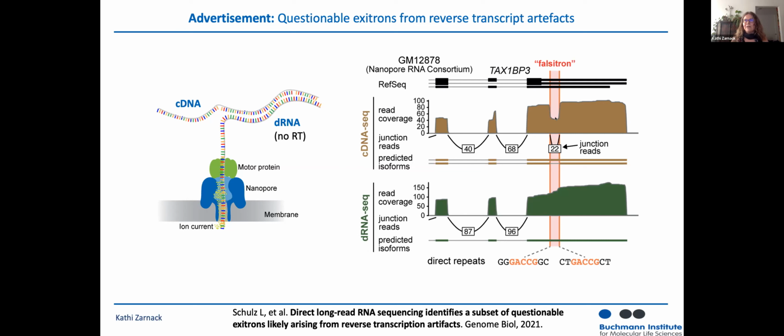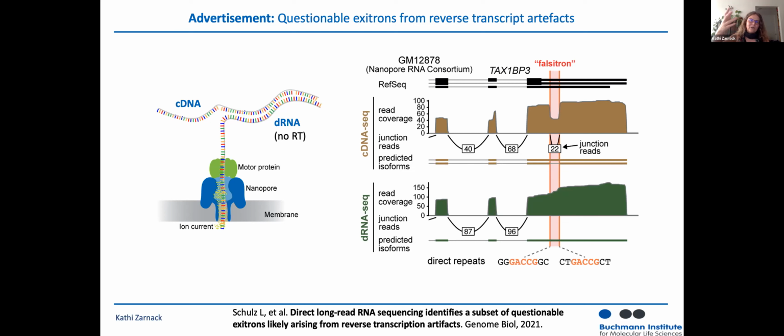So you have an intron that is being spliced out of the exon that only appears in the cDNA, but there's not a single splicing event seen in the direct RNA-seq, because this is really an artifact of the reverse transcription. We also termed these falsitrons, these false excitrons that we find.